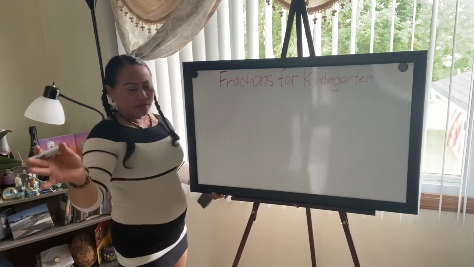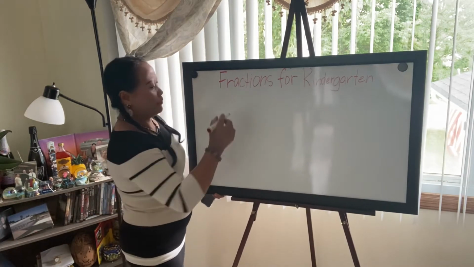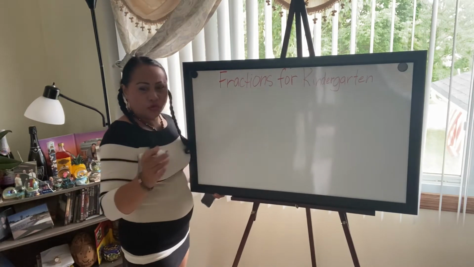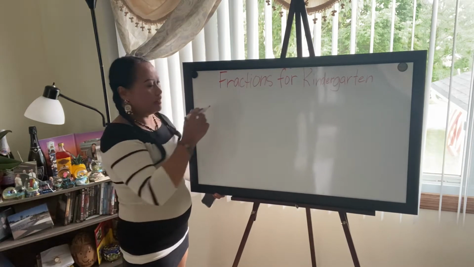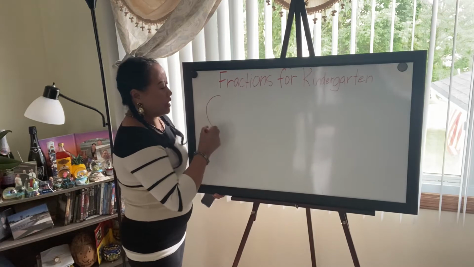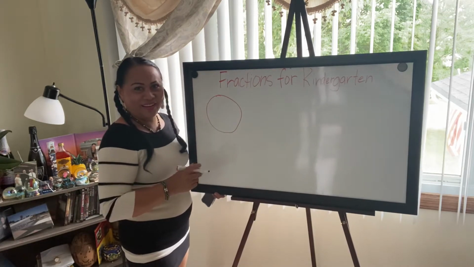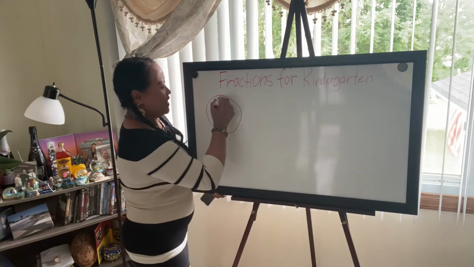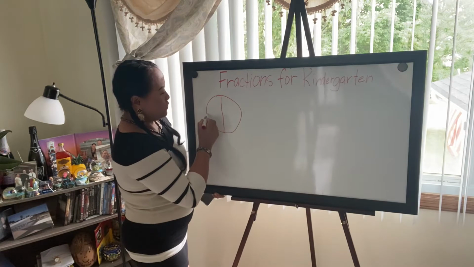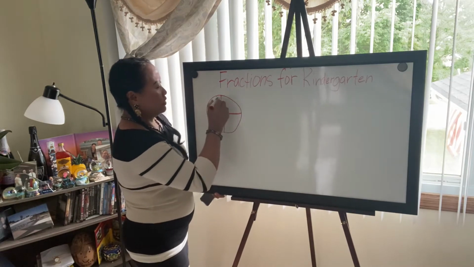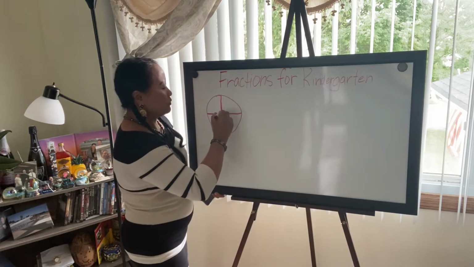Okay, class. Are you listening to me? Now, I'm going to draw a big circle and we will think this circle is a pizza pie. Okay, let's divide this into 4 because there are 4 people.